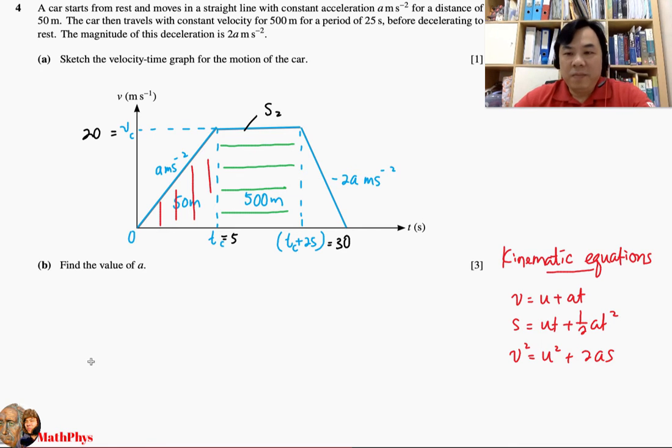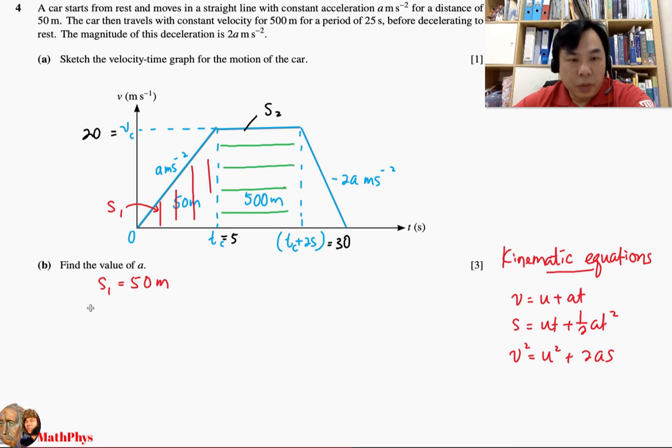Okay, all right. Now, instead of using the first two SUVAT equations, I'm going to show you how we can make use of the last SUVAT equation. So we're going to look at the displacement. For the first displacement of 50 meters, we can use these SUVAT equations.